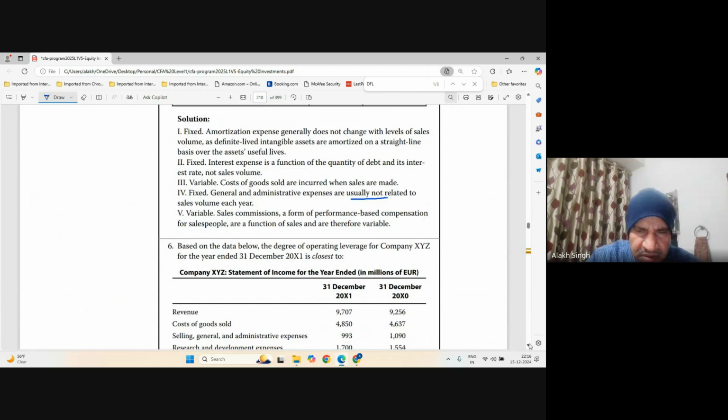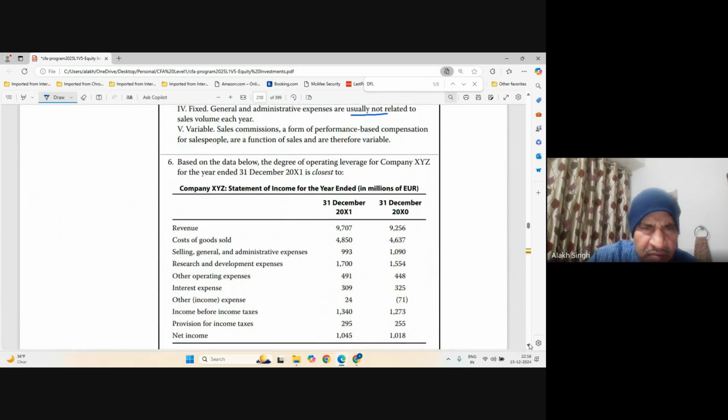Question number 6. Based on the below data, the degree of operating leverage for company XYZ. We had done degree of operating leverage right now. The percentage change in operating margin divided by percentage change in sales would require a lot of calculation.